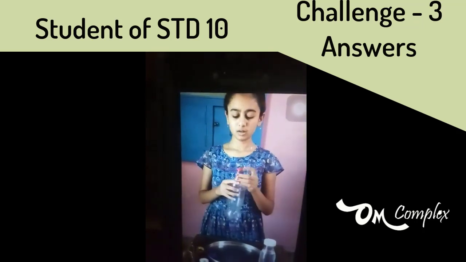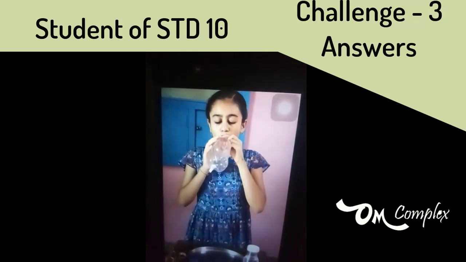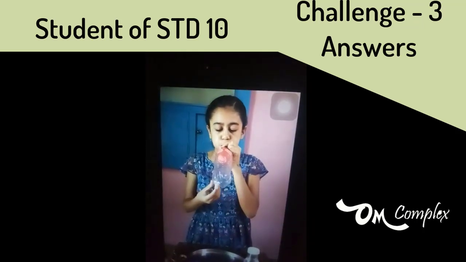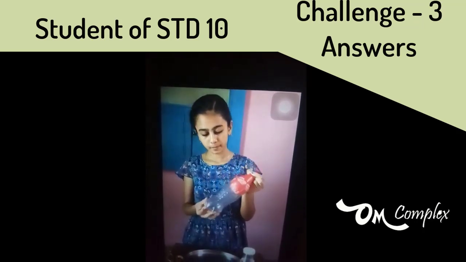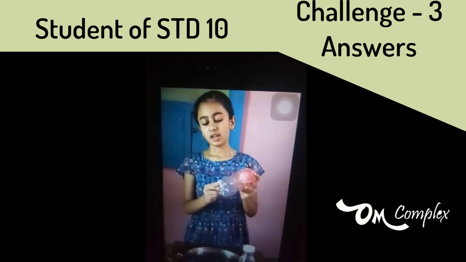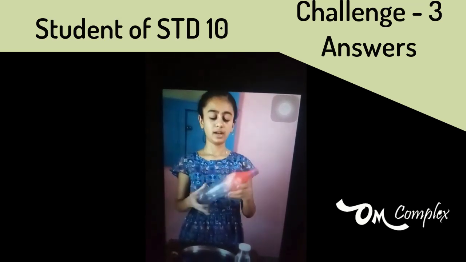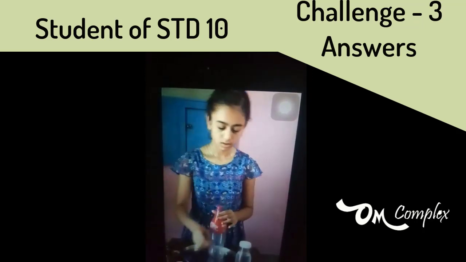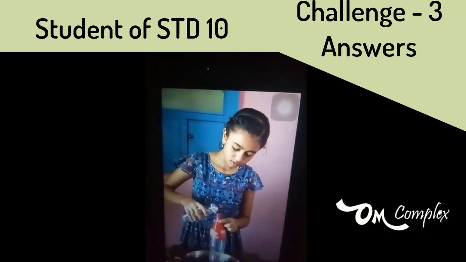Now I am filling the air in the balloon. You can see I am covering the hole with the cellotape and the air is not going outside. Now I am filling the water in the balloon.